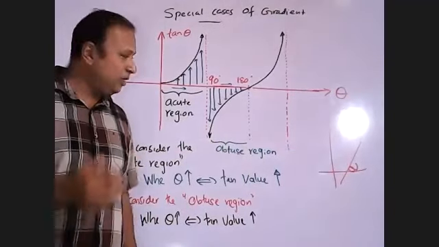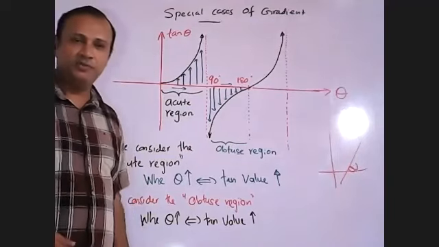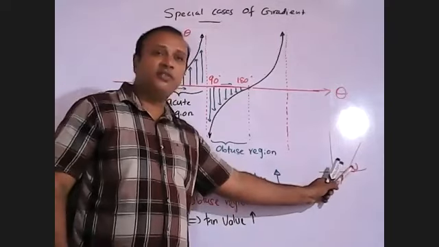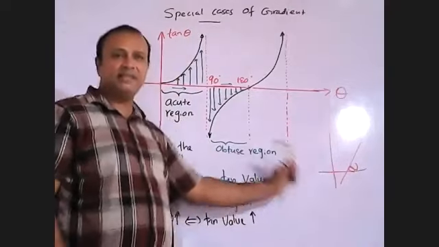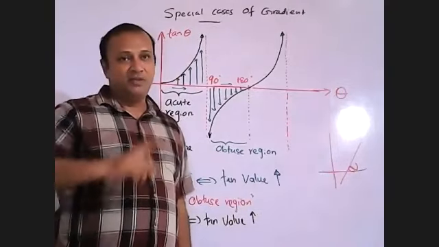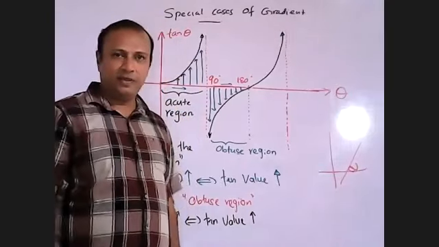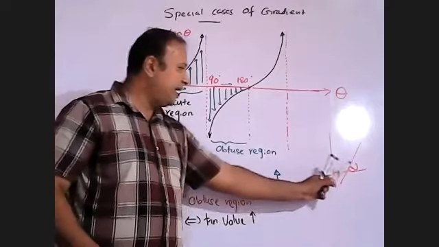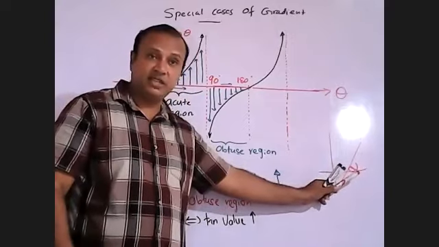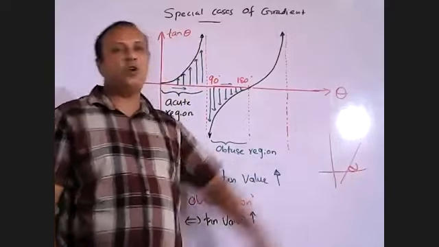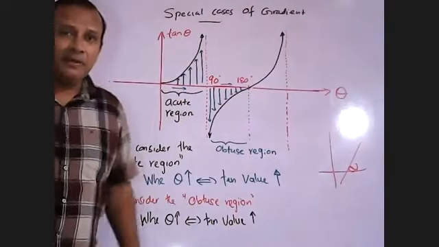Therefore, the range can be divided into an acute range and an obtuse range. We can discuss theta equal to 90 separately. Other than 90, I can consider theta in two ranges. One is the acute range, the other is the obtuse range. So what will happen?